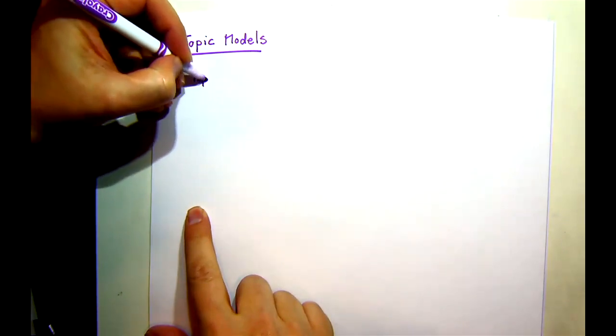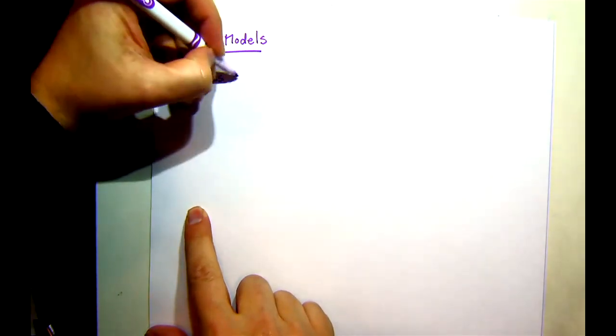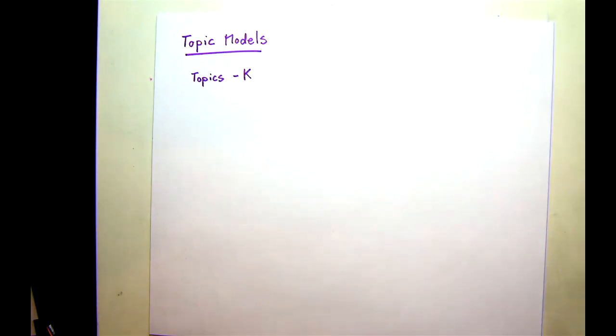Let's go back to this guy. It's called topic models, and basically this looks just like clustering did when we did clustering via EM. You're going to have a set of topics, and there's going to be k of them, and you have to choose k a priori. You can try different k's, but there's nothing that's going to guide you to a certain number of topics.